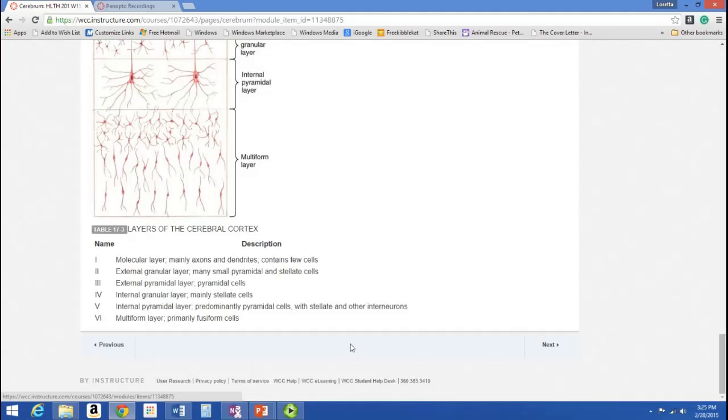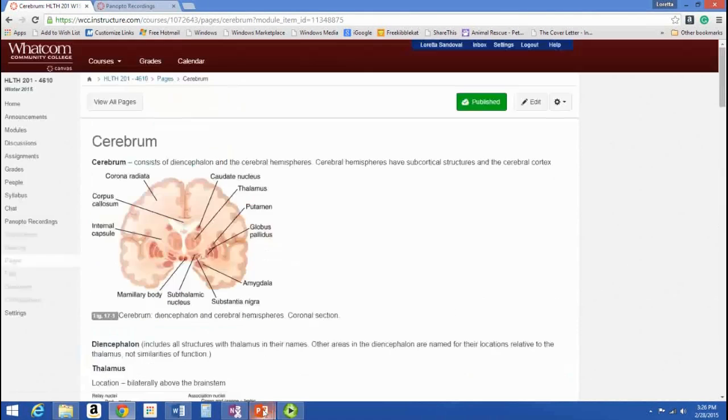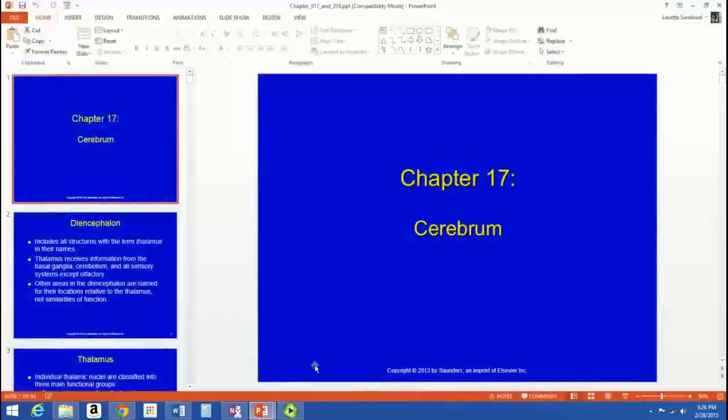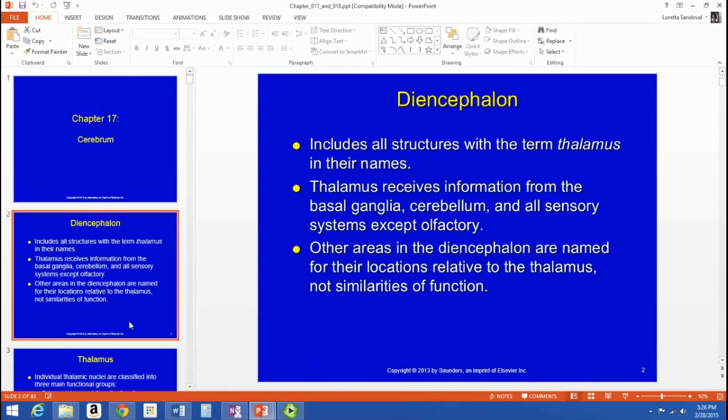It's not in the objectives or the study questions. It's just another little bit of anatomical information. So the PowerPoint is long because it includes information from chapter 17 and chapter 18. So we're going to start with the diencephalon.